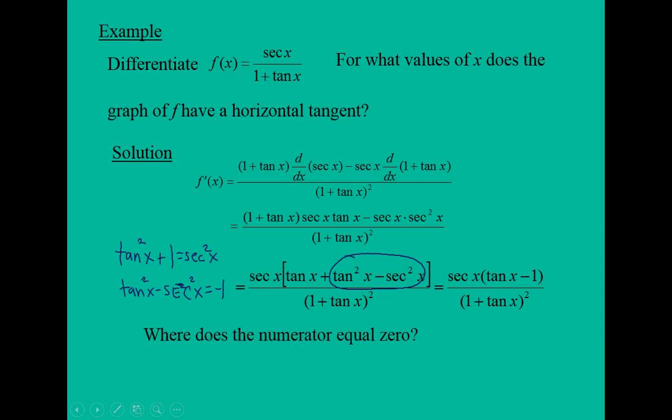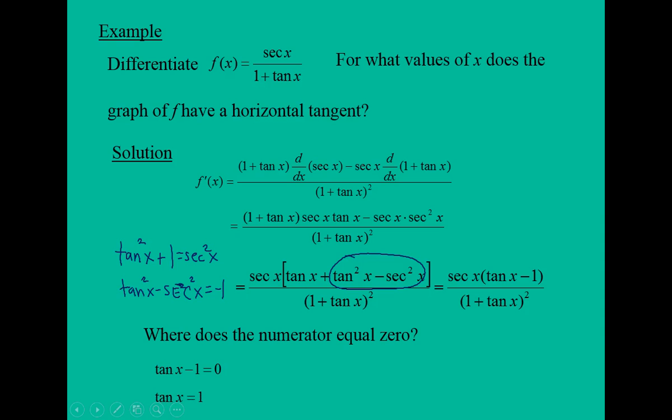Now, this is a rational expression. Where does secant of x times (tangent of x minus 1) divided by (1 plus tangent of x) squared equal 0? Well, where the numerator equals 0. So we could set the numerator equal to 0. And when we set the numerator equal to 0, we have two factors, so we'd have to set each factor equal to 0.